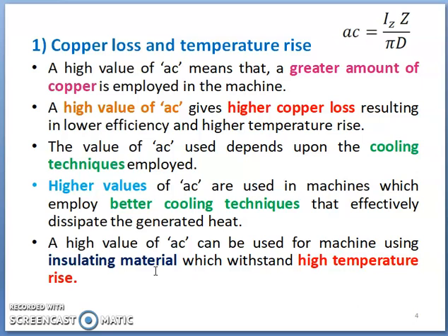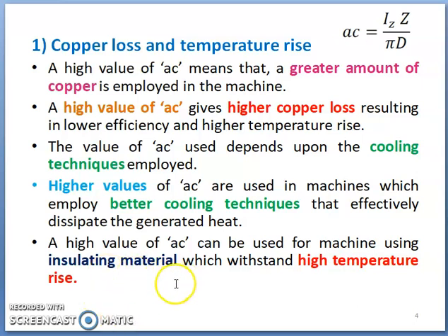You have already studied the classification of insulating material based on thermal consideration as per Indian standard. There are 7 classes of insulating materials, from class Y up to C, and they withstand different ranges of temperatures. For example, class Y withstands 90 degrees centigrade, whereas class H withstands 180 degrees centigrade, and class C withstands above 180 degrees centigrade.